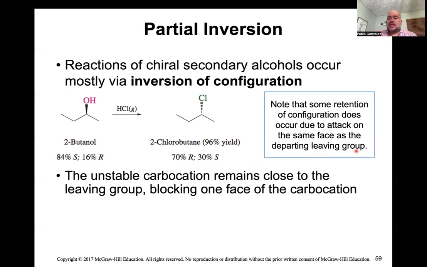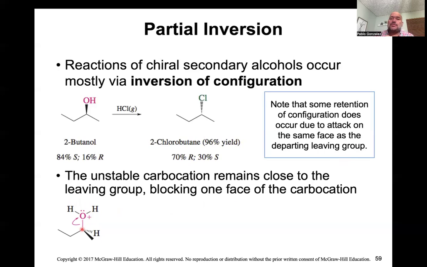The unstable carbocation remains close to the leaving group, blocking one face of the carbocation. So here we have the first step, which was the protonation of the alcohol. And then, as we know, this is a good leaving group. It's going to release, and we're going to produce a carbocation in here. Now, something that I haven't mentioned before is that the hybridization of the carbocation is sp2.